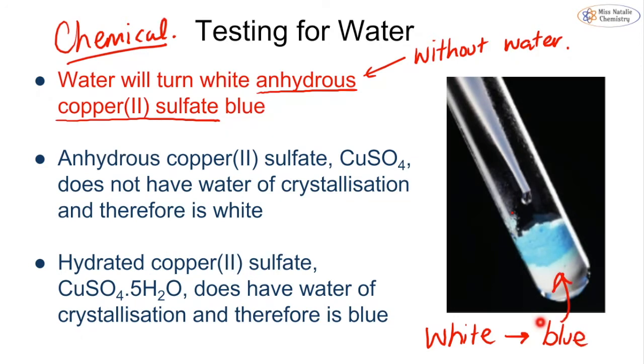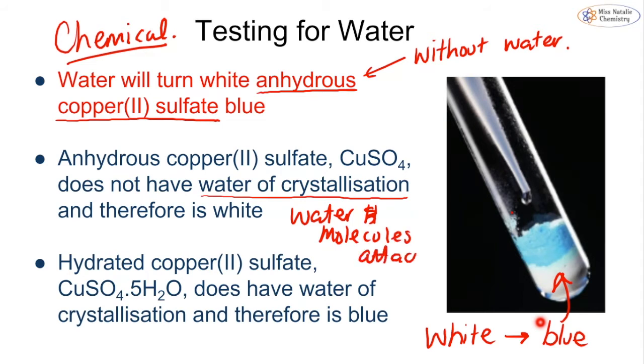So the anhydrous copper sulfate doesn't have what we call this water of crystallization, and that just means it's got water molecules attached. You don't need to know how, just that they are attached. So anhydrous does not have this, so it is a white colour. If it is hydrated, it has this water of crystallization.